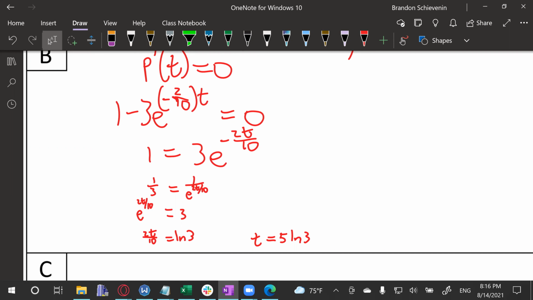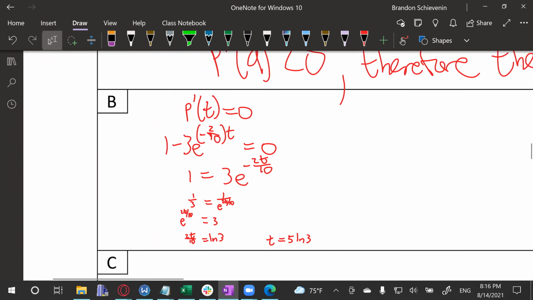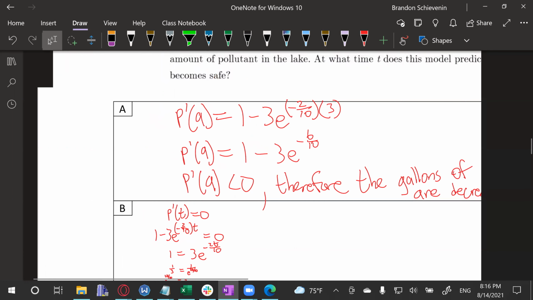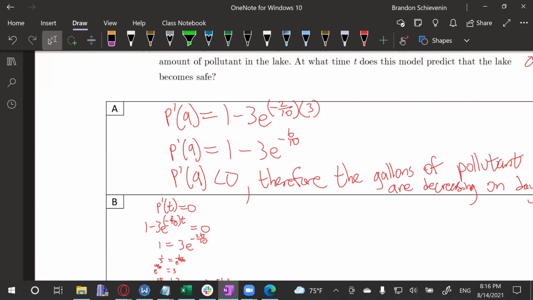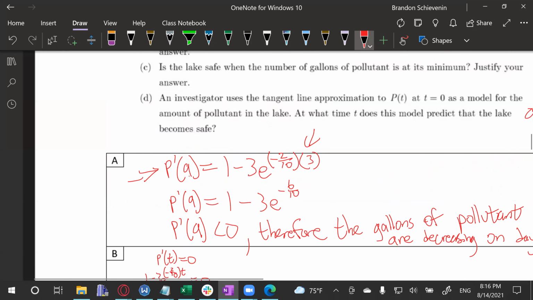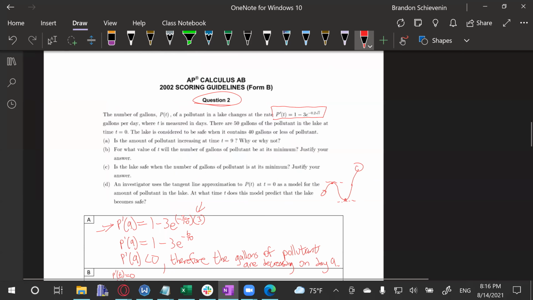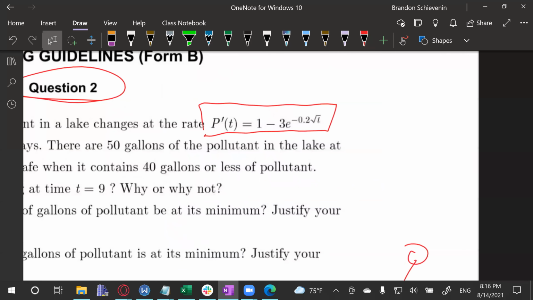Oh, wait a second. It's the square root of t, not just t. Sorry, back at the original problem. I copied from this line, but this is actually, we plugged in 9 and got 3 here. This is the square root, I think. Yeah.